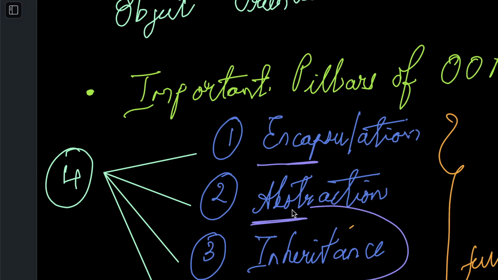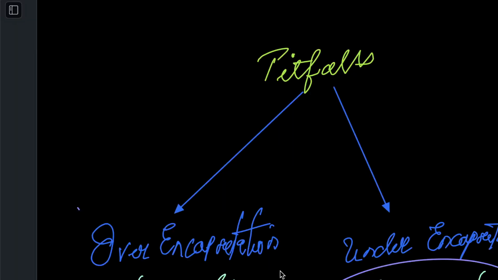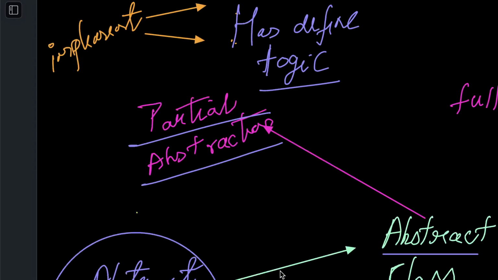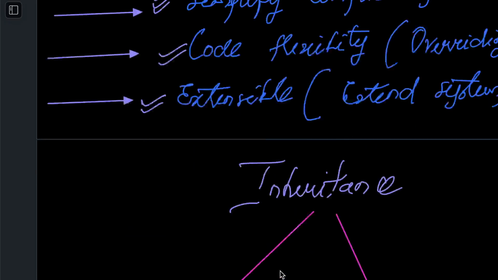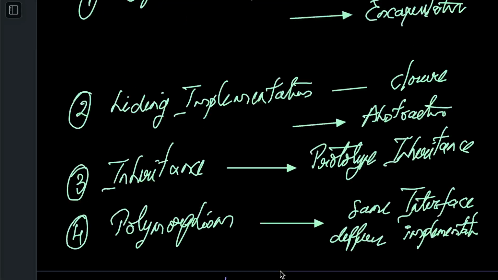Now inheritance. This is a very important pillar. Now, just like we say Python, there is also a web language, right? Why is it called the language of the web?